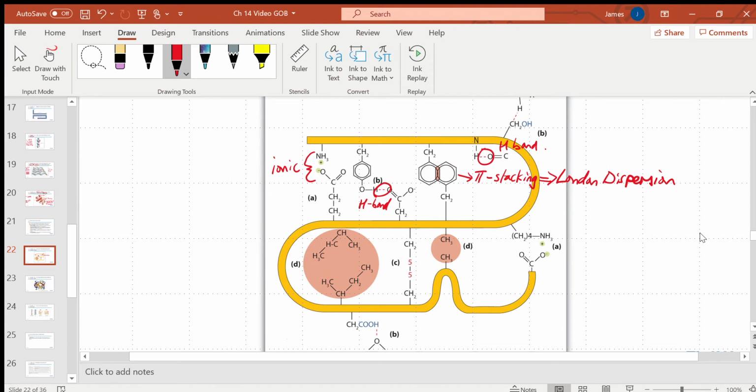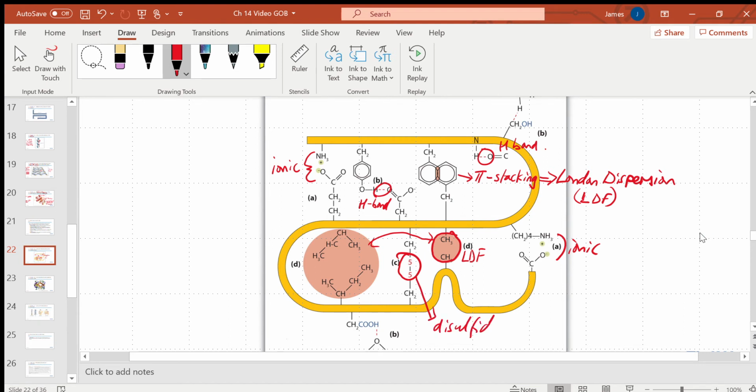We have these interactions here that they've colored in this pink color. This is just London dispersion forces. So LD, London dispersion forces, LDF. We have, again, ionic interactions here. And we have disulfide bridges.